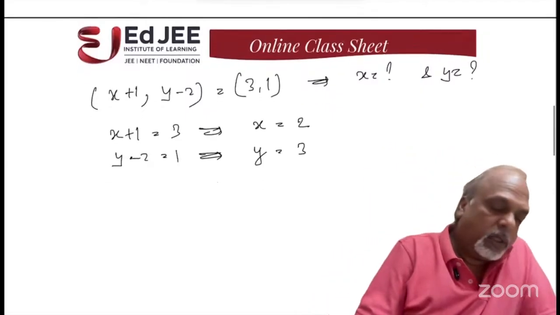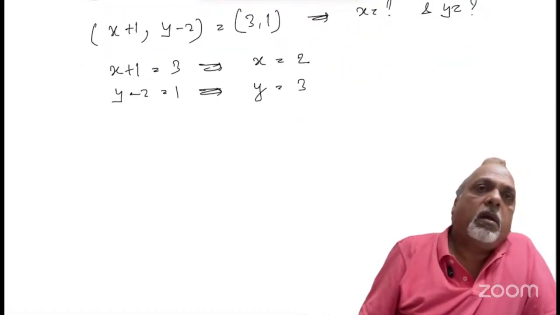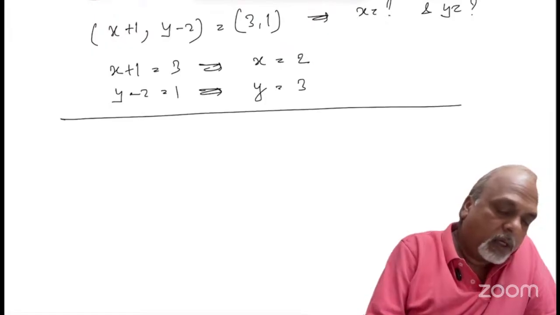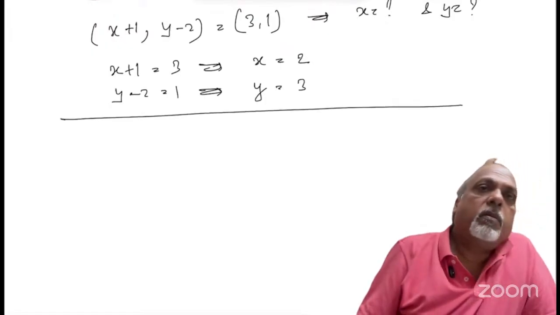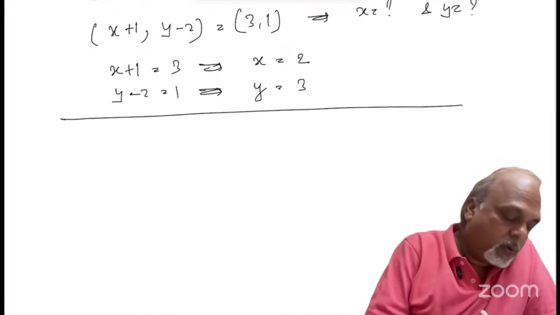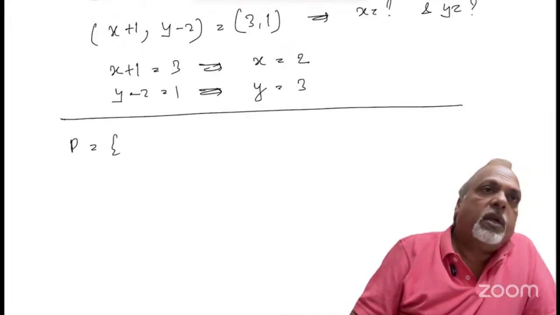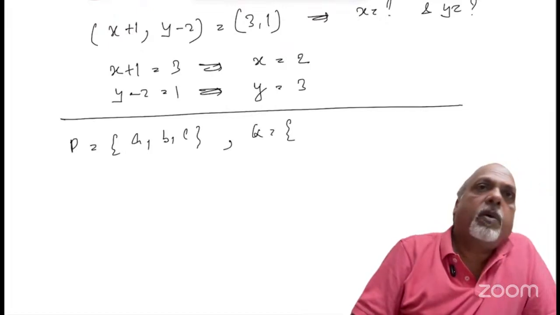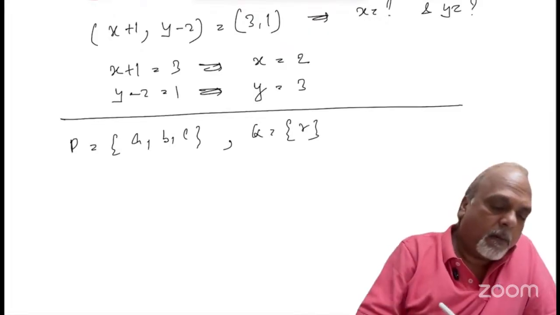Now, let us see this Cartesian product, suppose you have set P is basically {a, b, c} and set Q is {r}.